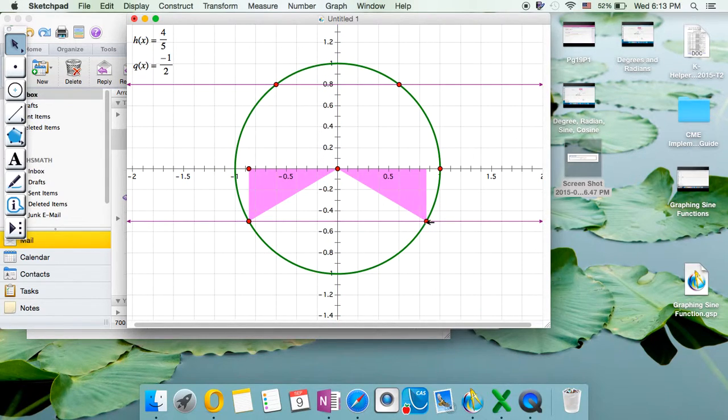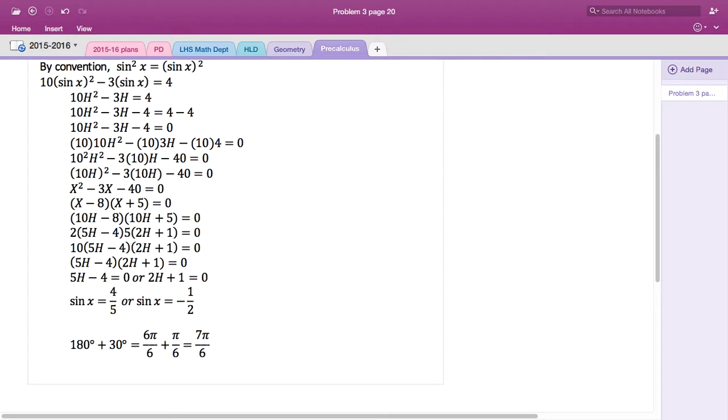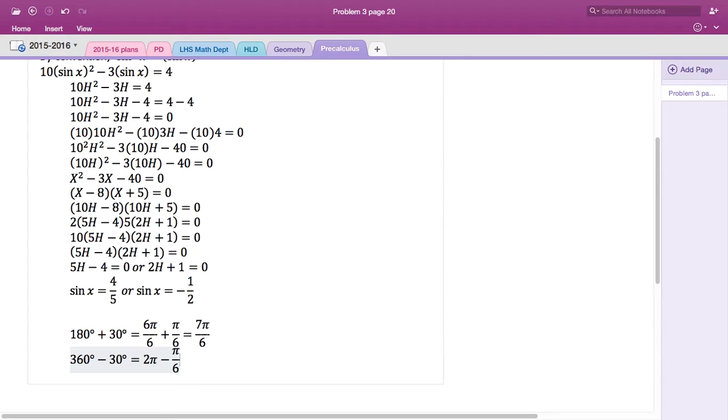So this point right there is really 360 degrees minus 30 degrees, which equals 2 pi minus pi over 6.